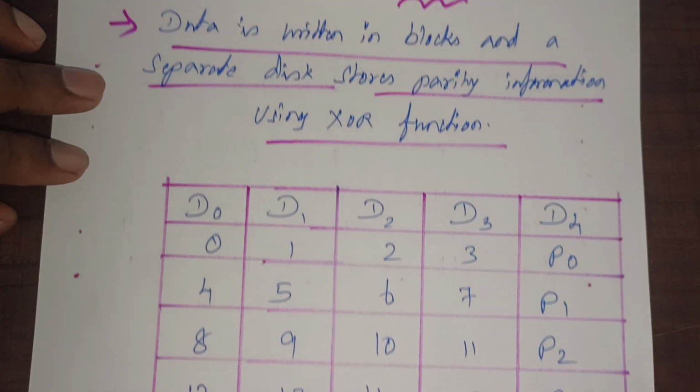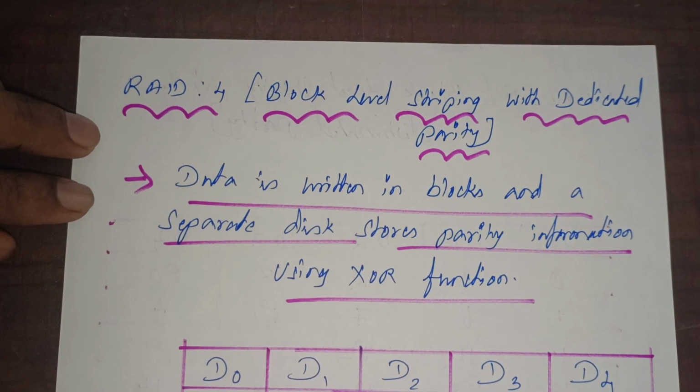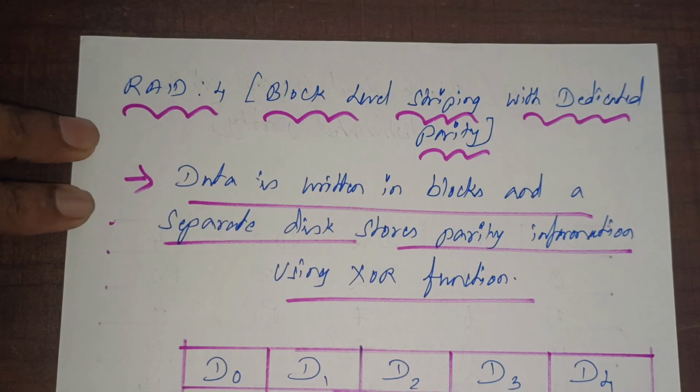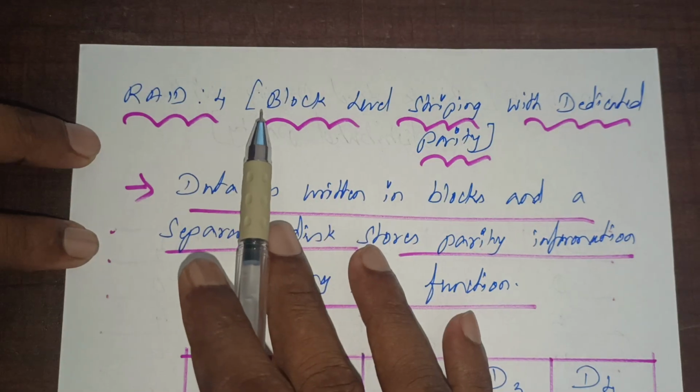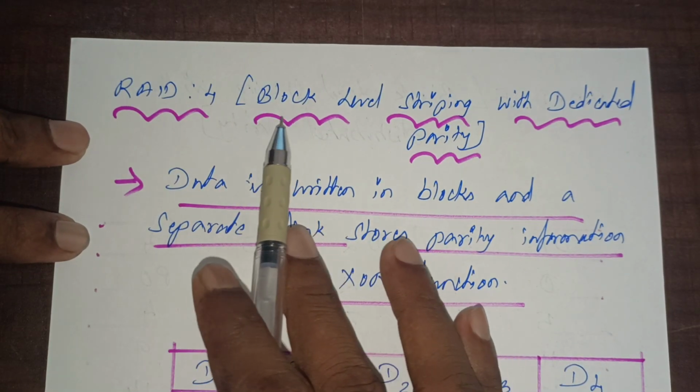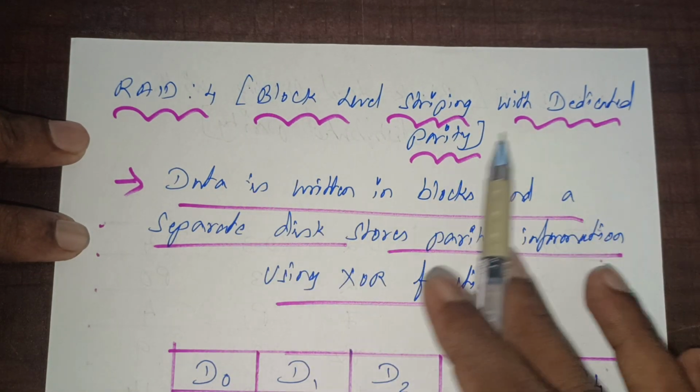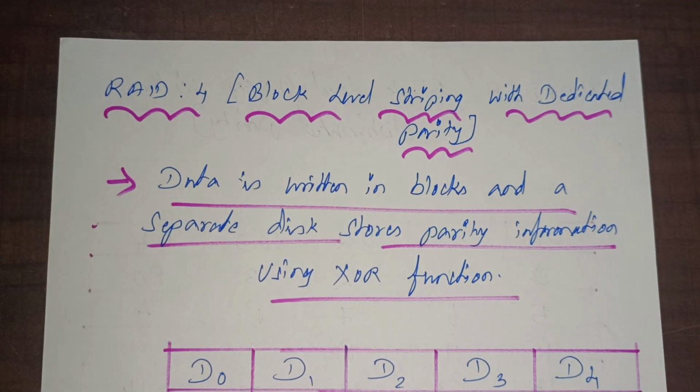Okay, let me take you to RAID number 4. RAID 3 was about byte level striping, and RAID 4 is going to explain block level striping with dedicated parity. Here they are increasingly making the complex into simple. What is the complexity in the previous RAID 3?